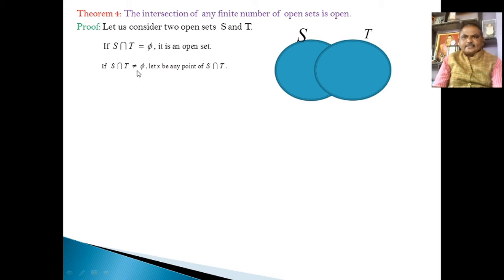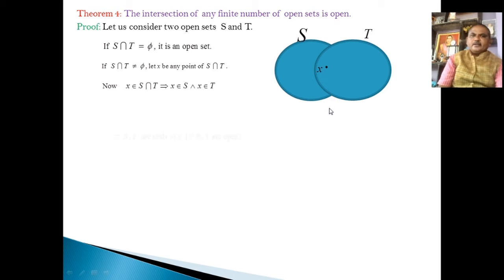If S intersection T is not equal to phi, as in these figures, let x be any point of this intersection. Now, x belongs to S intersection T. This implies x belongs to S and x belongs to T, both sets include it.